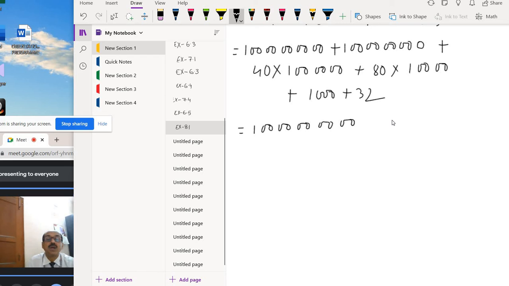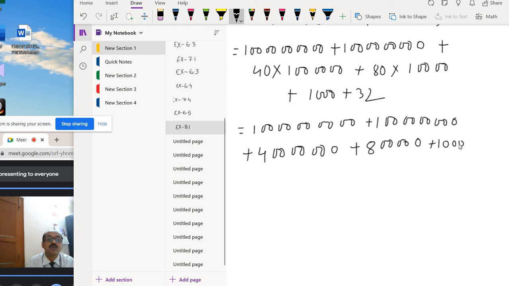Okay, now add. Start from the right side.